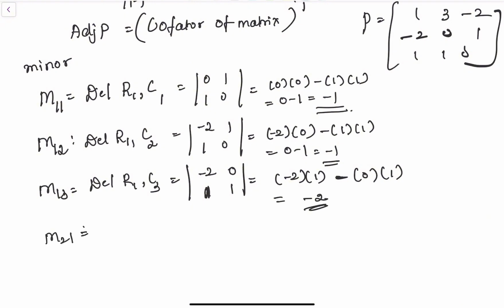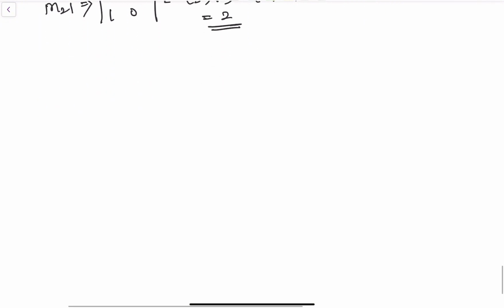Now m21, you have to delete row 2 and column 1. I will write it directly. So it is 2, 1, 1, 0. 2 into 0 minus 1 into 1, so it will be minus 1. Next m22. Okay, m22 is what? It is minus 1, 1, minus 2, 0.